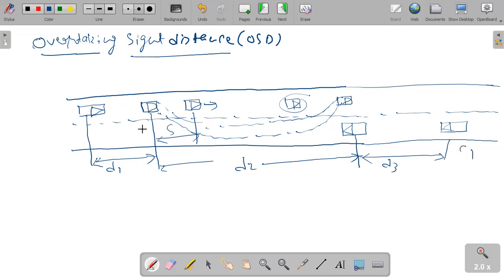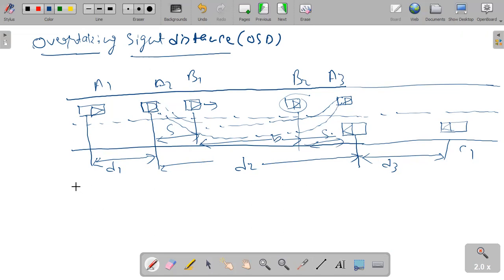This is a1, a2, this is b1, sorry, this is b2, and this is a3. This is spacing s. This is all about overtaking sight distance.